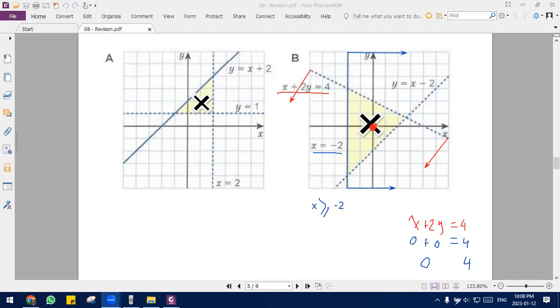How can we make it correct? 0 is less than 4. And now it's correct. It means here the sign is less than. Can I put equal to? No, because the line is dashed. It's not solid. So the second equation should be like this: x plus 2y less than 4.